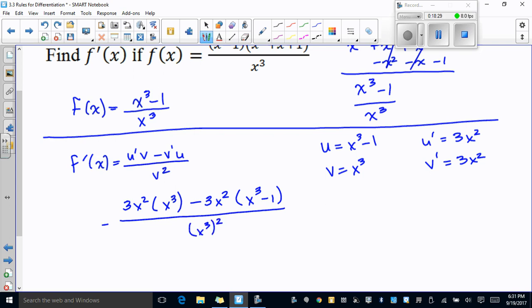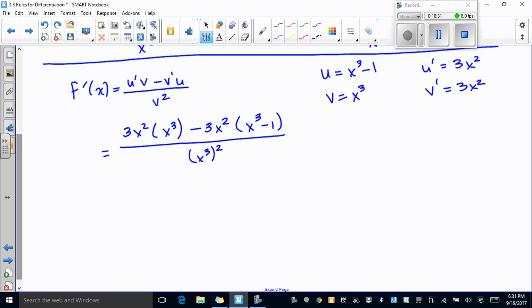So let's start cleaning this up. X squared times x cubed is x to the 5th, so we get 3x to the 5th. Remember, when the bases are the same, you add your exponents. If you raise a power to a power, that's when you multiply. So minus 3x squared times x cubed gives us again 3x to the 5th. Negative times negative is a positive, 3x squared.